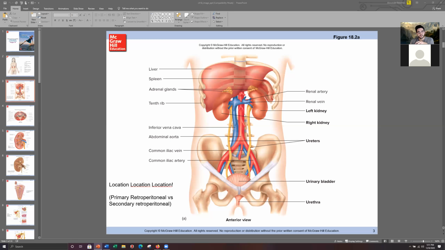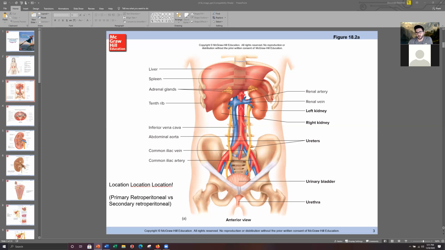So in terms of positioning here, like I was saying, the kidneys don't exist in the same body cavity as the rest of the organs of the abdomen. They actually are what we call retroperitoneal, or more specifically, primarily retroperitoneal. So what does that mean? Well, when we say retroperitoneal, that means behind the peritoneum.